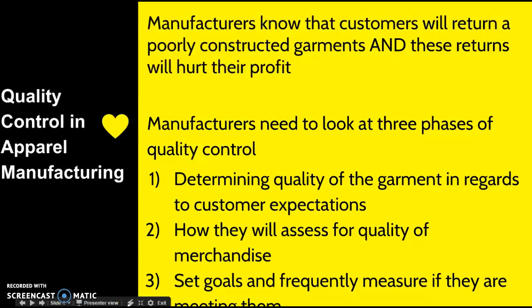Manufacturers also need to determine how they'll assess the quality of the merchandise, so how they're going to determine whether it's good or bad. And they also need to set goals and measure whether they're meeting them in terms of quality control. So they want to make sure that less than 5% get sent back because of quality control issues. Then they need to keep track of that kind of data.